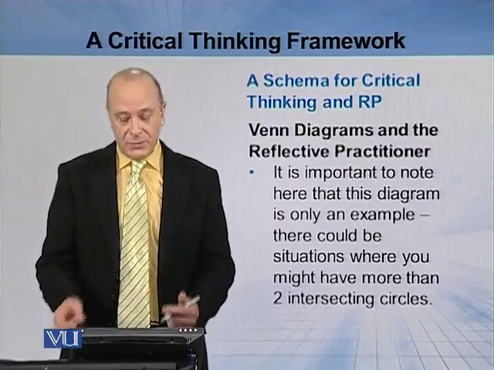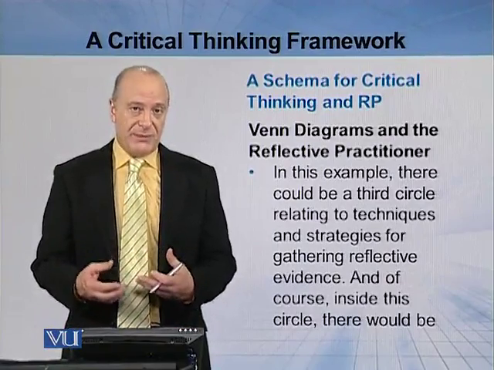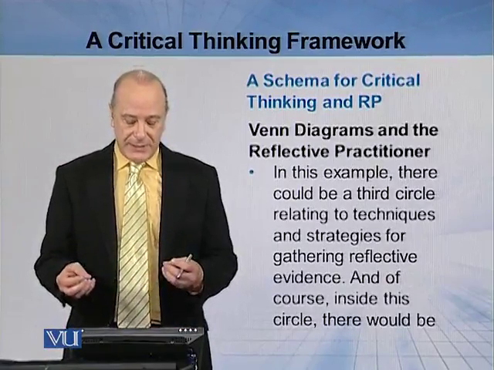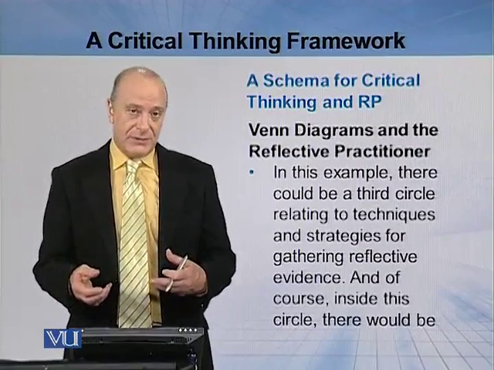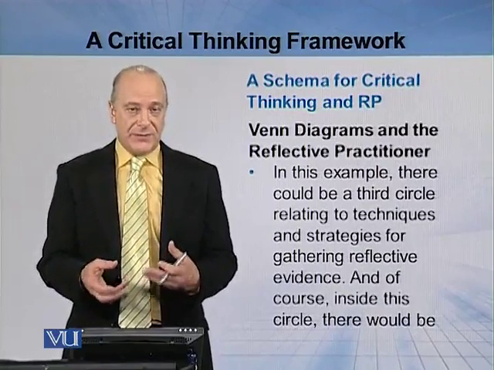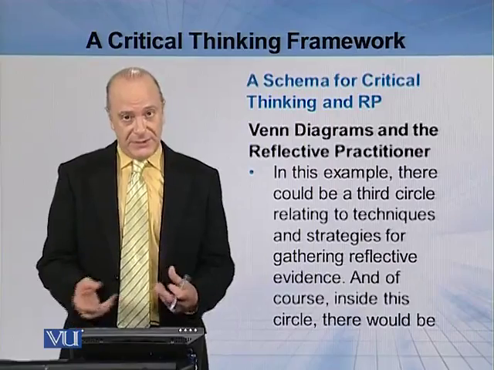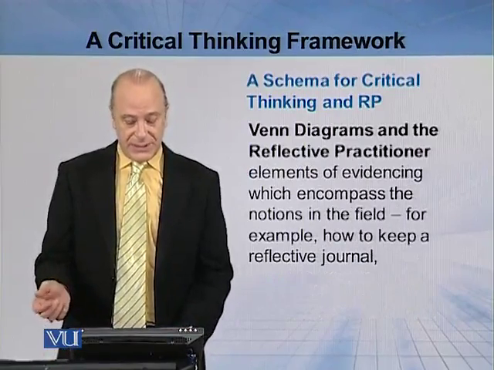There could be 3, 4, or even more. When there are more circles, it becomes much more complex. In this example, a third circle could relate to the reflective practice itself, the strategies that the teacher is using to gather evidence and information in relation to the experience of teaching algebra.